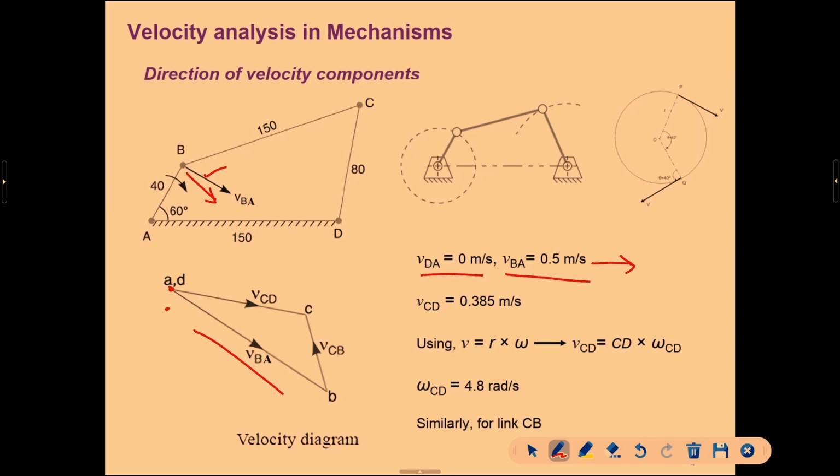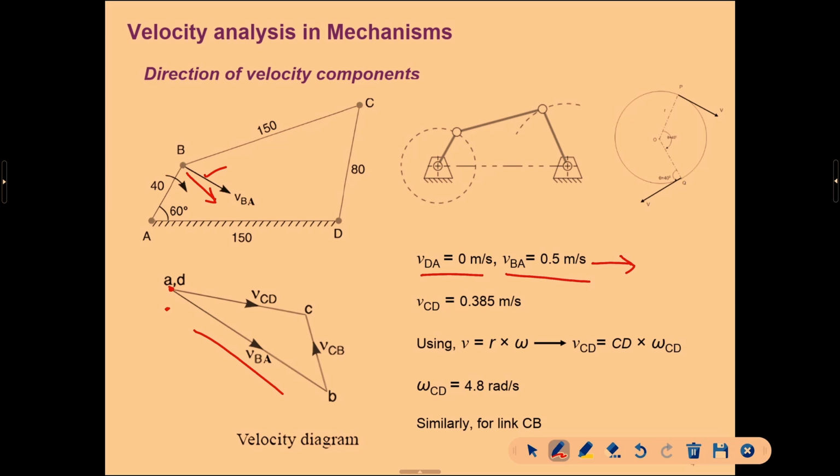Both cases will give me relative velocity. Okay. Similarly, why do I say velocity of C with respect to D? It is convenient for me to always refer any point's velocity with respect to a fixed point. Since D is fixed, I refer to the velocity of link CD as velocity of C with respect to D.